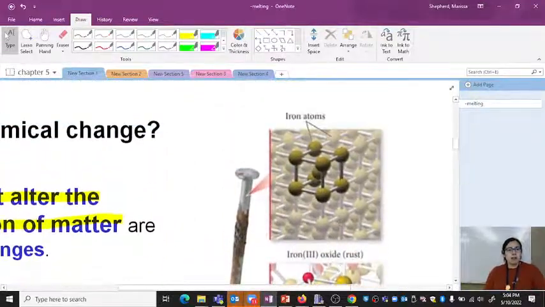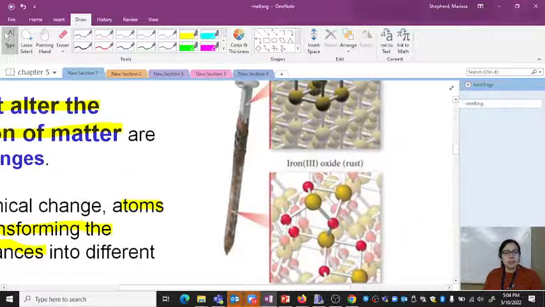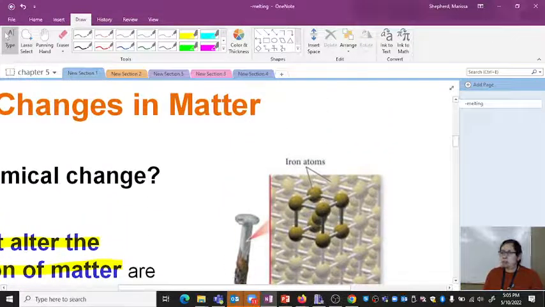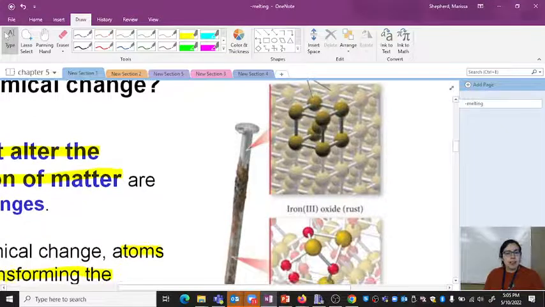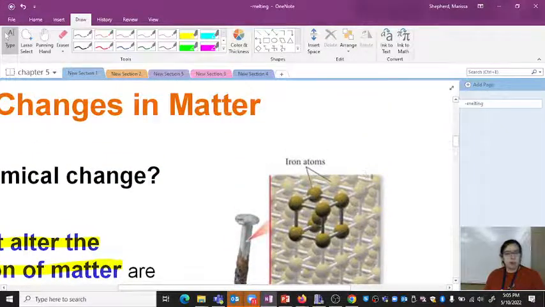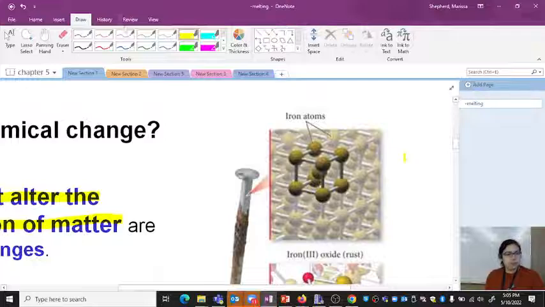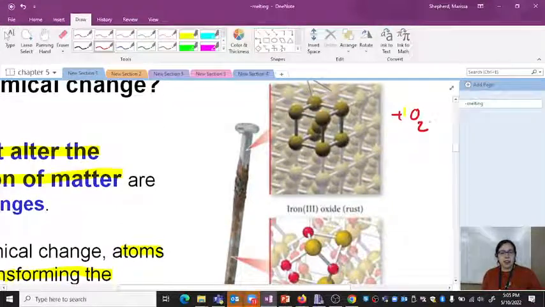We're probably all familiar with iron rusting and what that looks like. You start off with iron metal atoms, here's our iron nail, and then it reacts with oxygen, so plus O2 in the atmosphere. Again, you're not doing anything crazy, just rearranging the atoms.